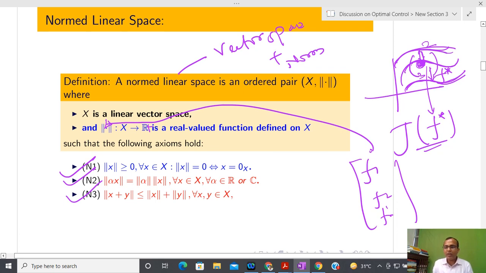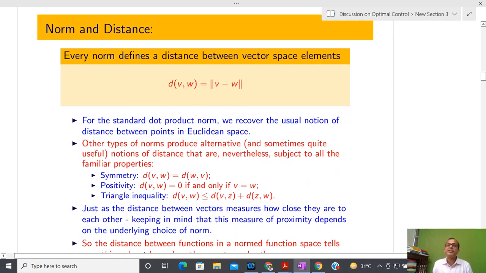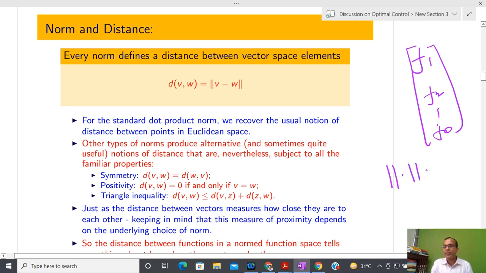Now here our space is a function space. The norm is able to talk about the length of a vector. I have selected one function among f1, f2 and fn and fed it into this operator, and we know that it maps to some kind of real number.